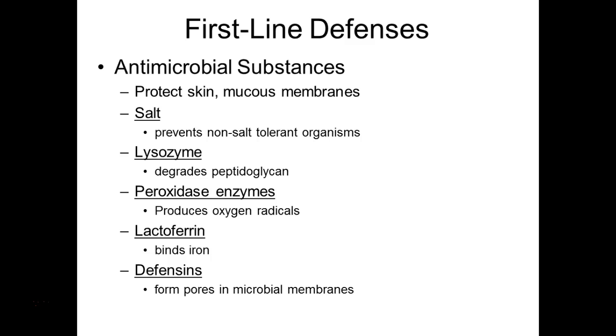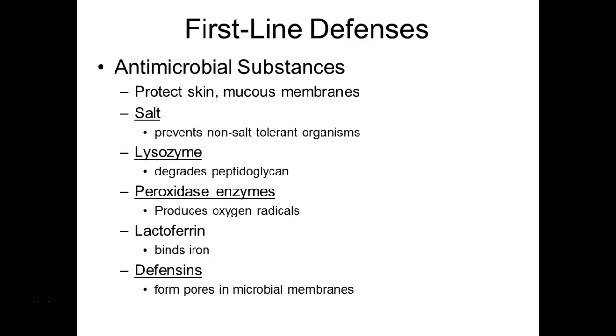Lysozyme we already mentioned. This degrades peptidoglycan, so we produce this enzyme, and it specifically will attack bacteria in their cell wall. Peroxidase enzymes produce oxygen radicals. These are very damaging forms of oxygen. And the reason why these are called peroxidase enzymes, a lot of times they actually take hydrogen peroxide and convert it into these damaging forms of oxygen.